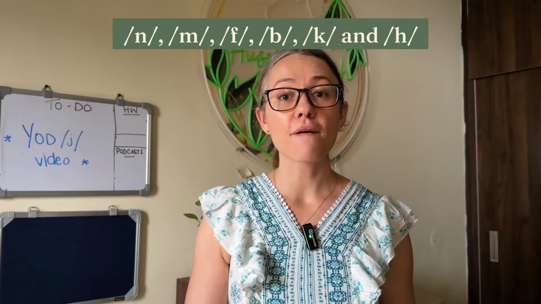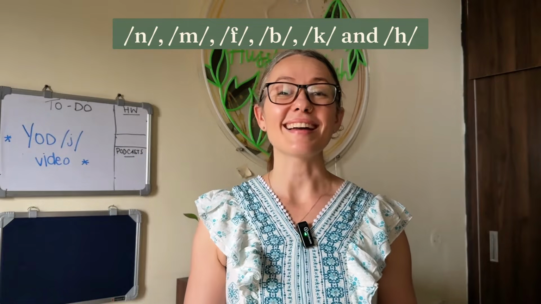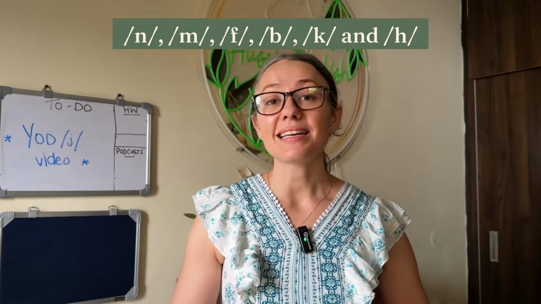Now, not every y blends. So not every time will you see a consonant with that y sound blend together, like, for example, Tuesday. Sometimes we just keep that yod in there. There's no blending. This is common after consonants like b, k, and h. We usually keep that yod sound as a separate sound.